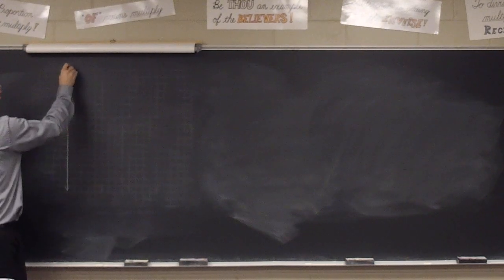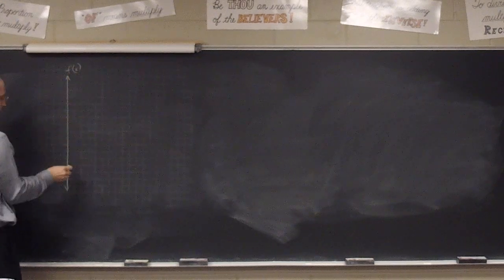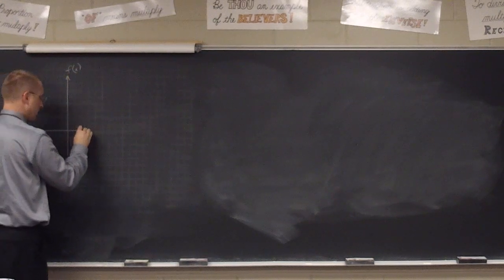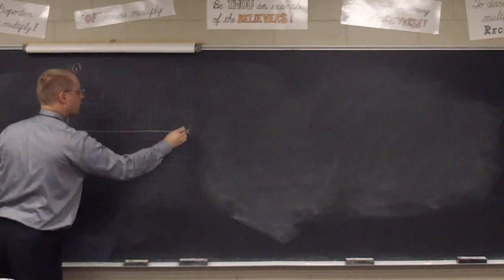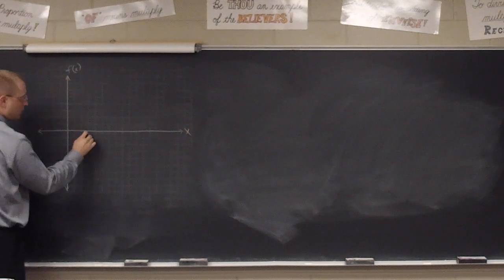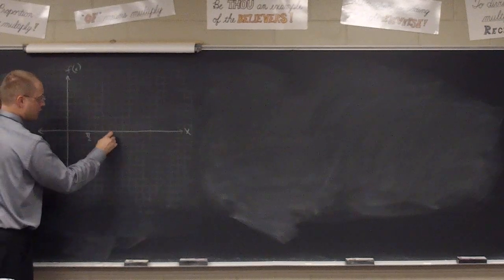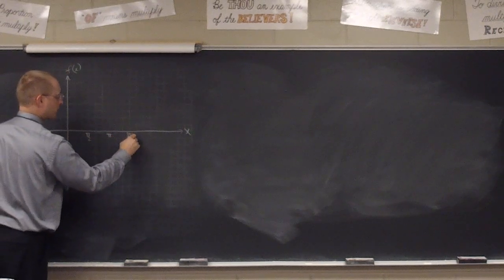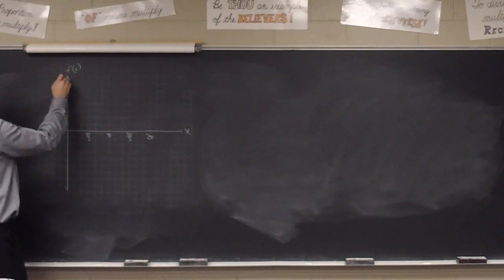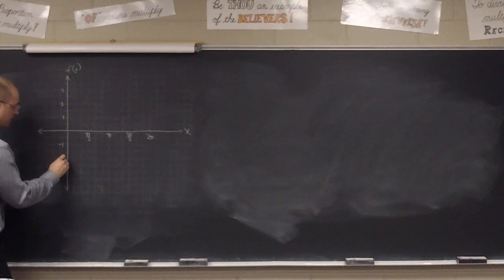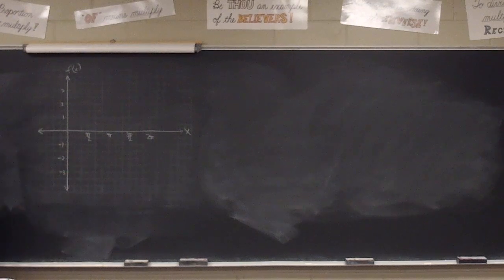Give yourself plenty of room this time on the f of x axis. Pi over 2, pi, 3 pi over 2, 2 pi, and then 1, 2, 3, didn't quite go to 4. Negative 1, negative 2, negative 3, didn't quite get to negative 4.